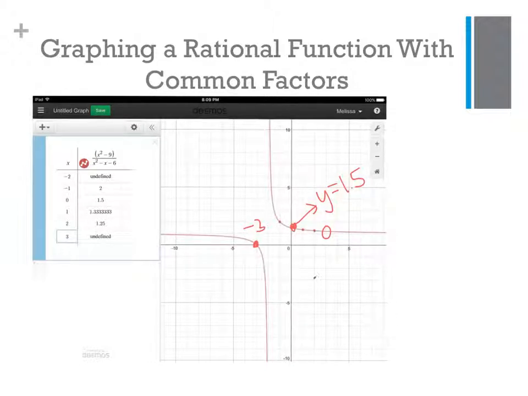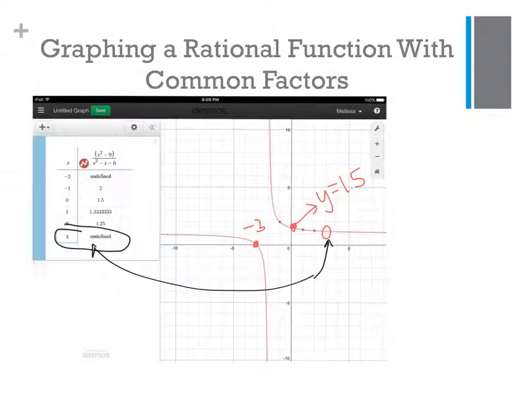Even though the graph doesn't show the hole, you can look at the table over here and it shows you in the table that at x equals 3 the function's undefined. So if you look at the graph, it's not going to show you that a hole exists. You have to confirm that in the table there.